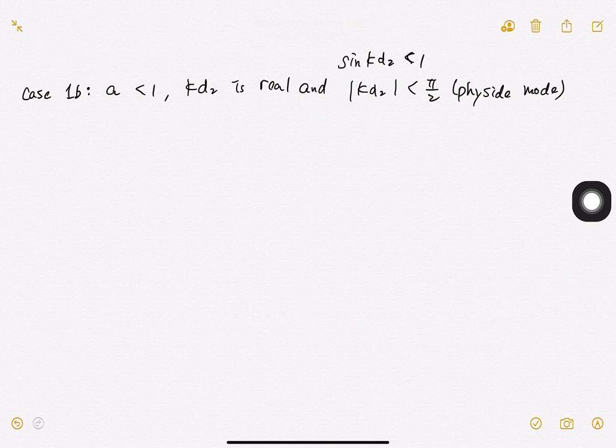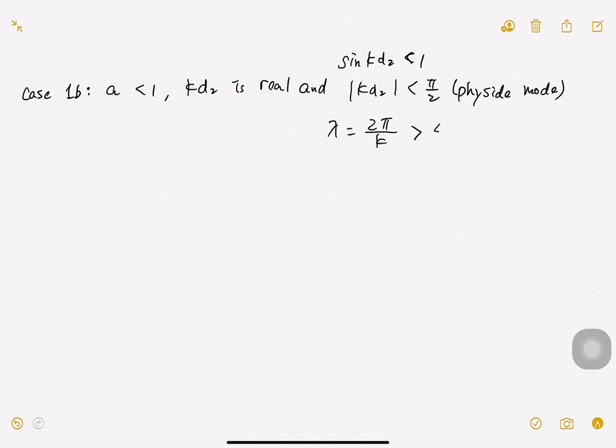We want to make it the physical mode. Okay, so it's less than pi over 2. And then we know that lambda should be equal to 2 pi over k, which is larger than 4 d2, to stay in the physical zone.